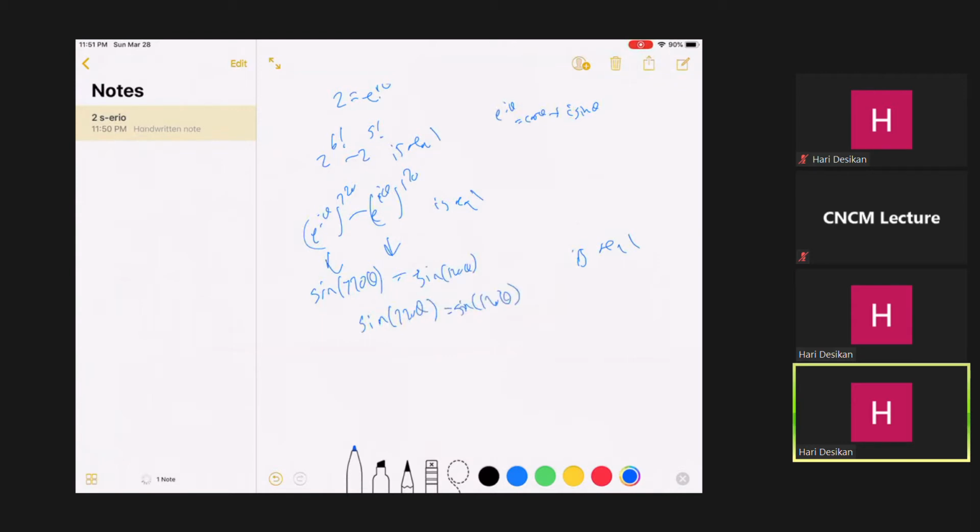Now there's two cases. Either these are the same angle, as we'll look at on a unit circle, or one of them is x and the other is pi minus x.